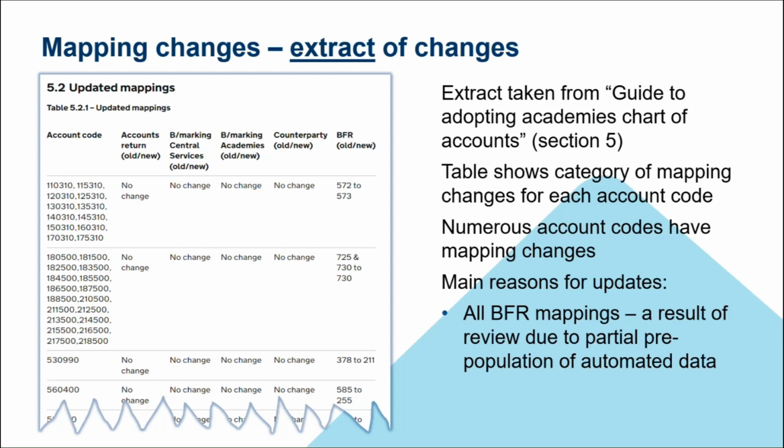So if you have a look on the web page, and look at the chart of accounts there, that's got the most up-to-date mappings, which I think will be really helpful to you completing your BFR.